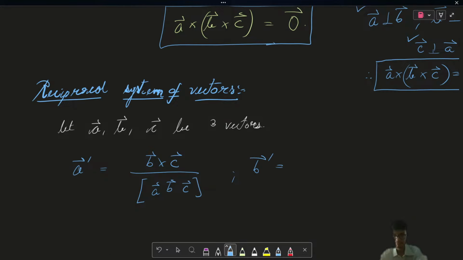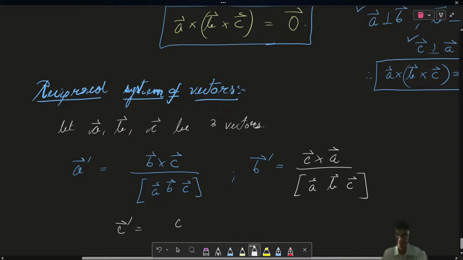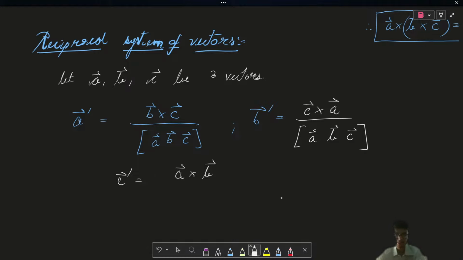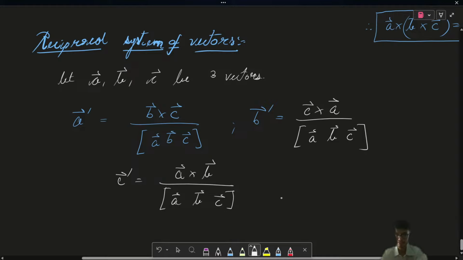Similarly, I define another vector B dash vector, defined as C cross A divided by the box of A B C, and another vector C dash vector, defined as A cross B divided by the box of A vector, B vector and C vector. Then this A dash, B dash and C dash form the reciprocal system of vectors for the given set of vectors A, B and C.